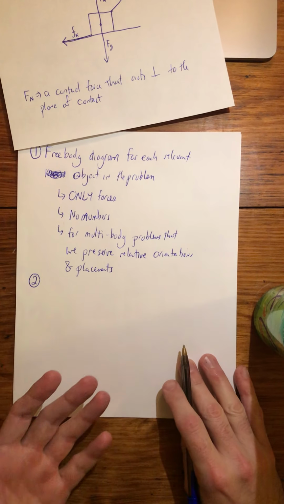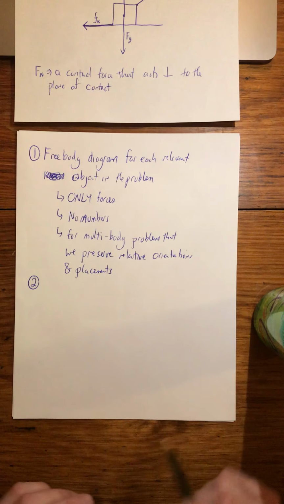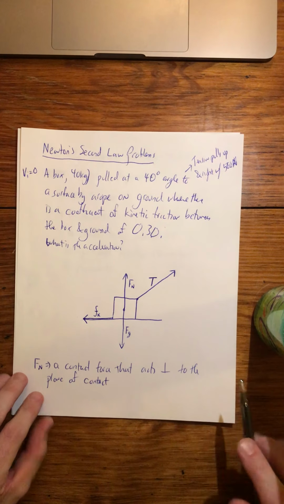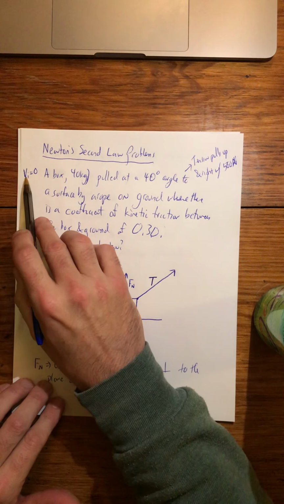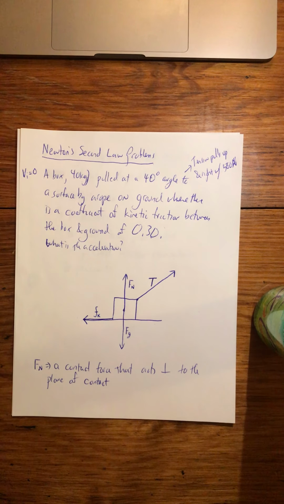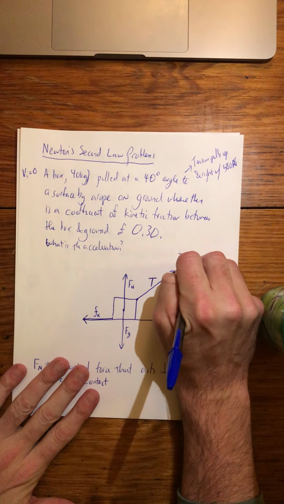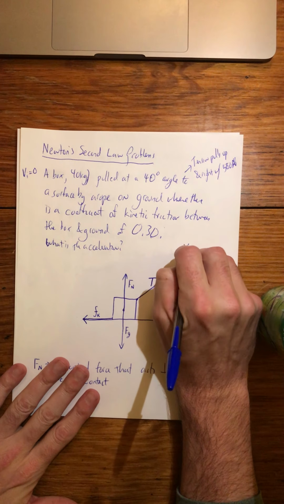All right, step 2, kind of similar. This is actually kind of similar to how we did kinematics, where step 1 was just a diagram, right? Here the diagram has to be a little bit more specific about what we're acting about. Oh, by the way, I said that only forces act. Let's say that this thing didn't have an initial velocity of 0, but an initial velocity of, say, 4 meters per second to the right. I could draw an initial velocity vector up here, right?